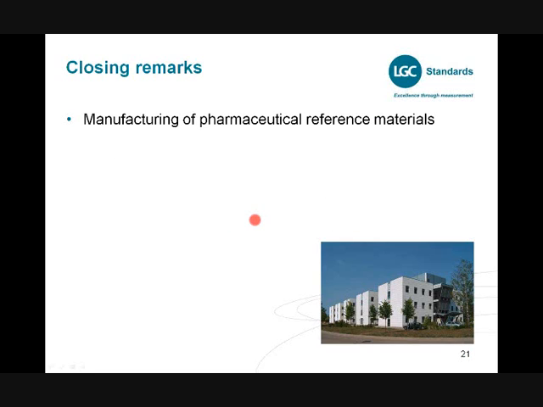We manufacture pharmaceutical reference materials, and for APIs and impurities we have over 3,000 standards available, prepared at this site here, situated in Luckenwalde in the south of Berlin, Germany, where we produce all those materials for the pharmaceutical organic compounds.